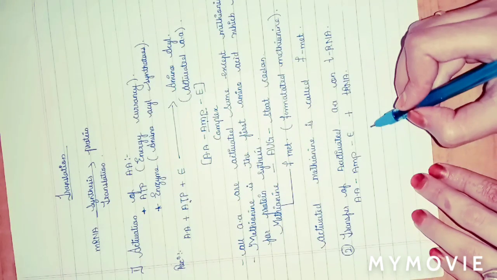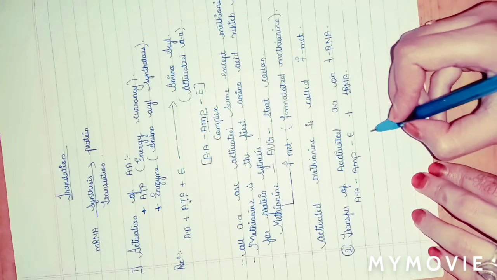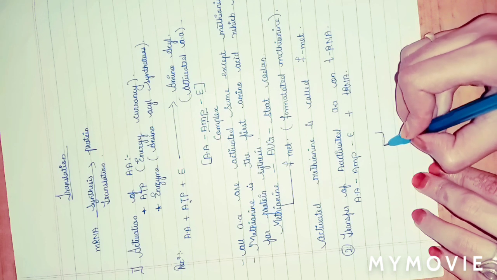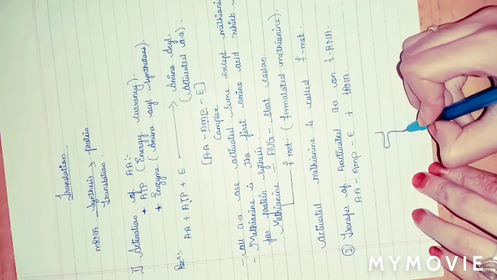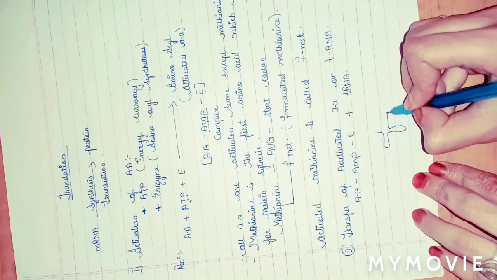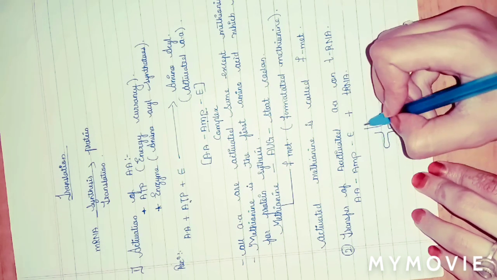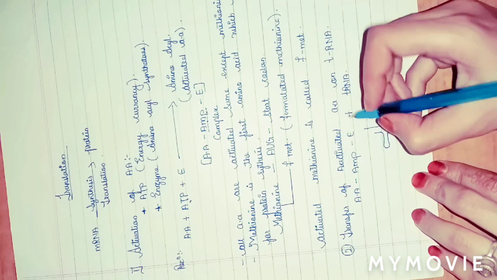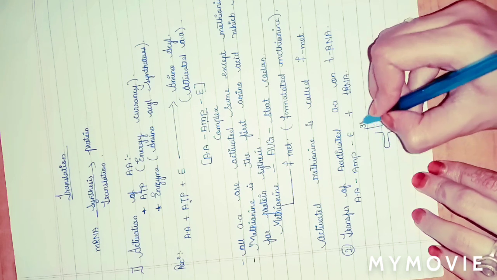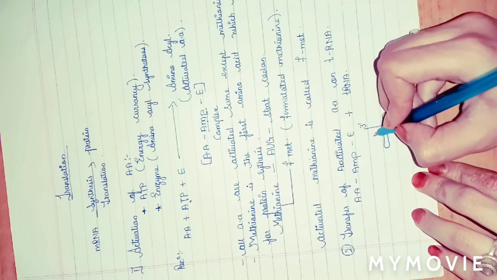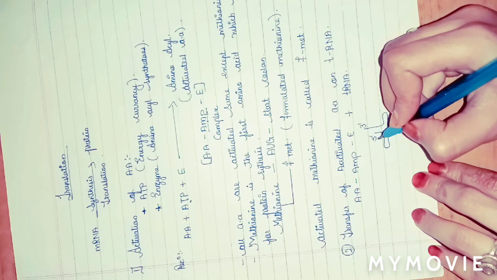Now we are going to draw the structure of tRNA. tRNA has one loop longer than the other. Here the larger one is the 3 prime end and the smaller one is the 5 prime end.